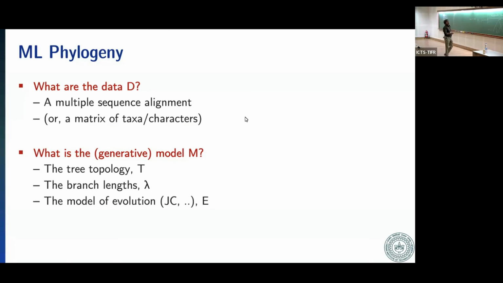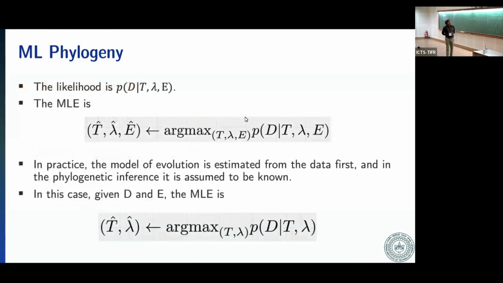Let's say it is denoted by E, okay? So all these things comprise the model. Now usually we are going to define the maximum likelihood estimate as something like this, that ultimately our solution should consist of the tree topology, the branch lengths, and the model of evolution.